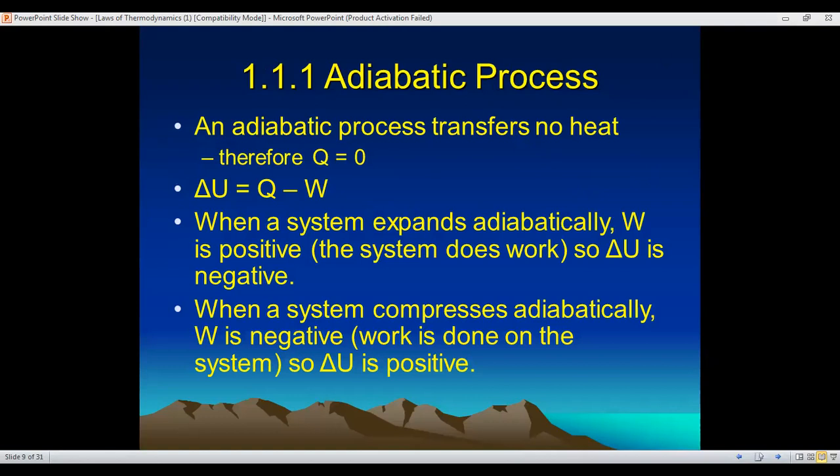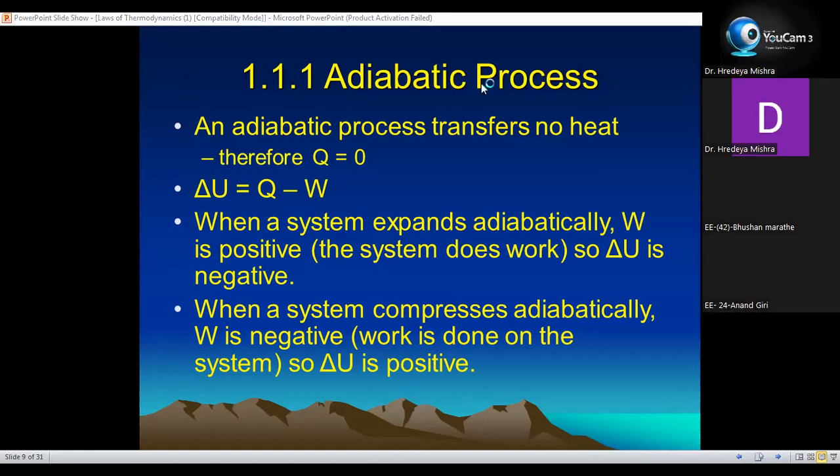So we know that the change in internal energy is equal to transferred heat minus work done.